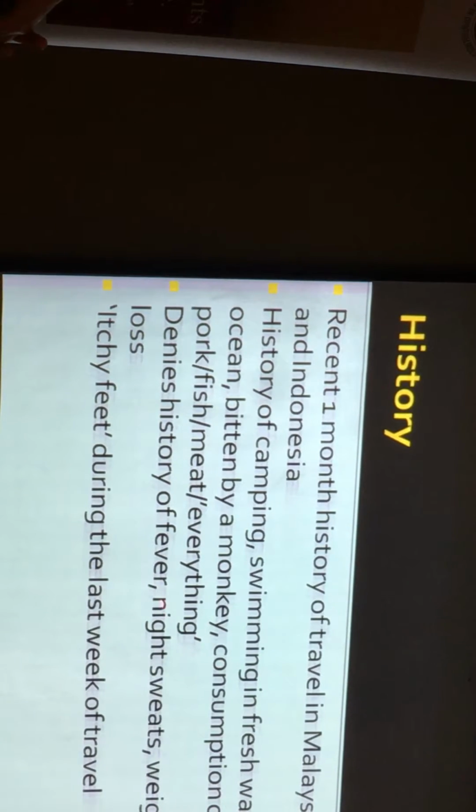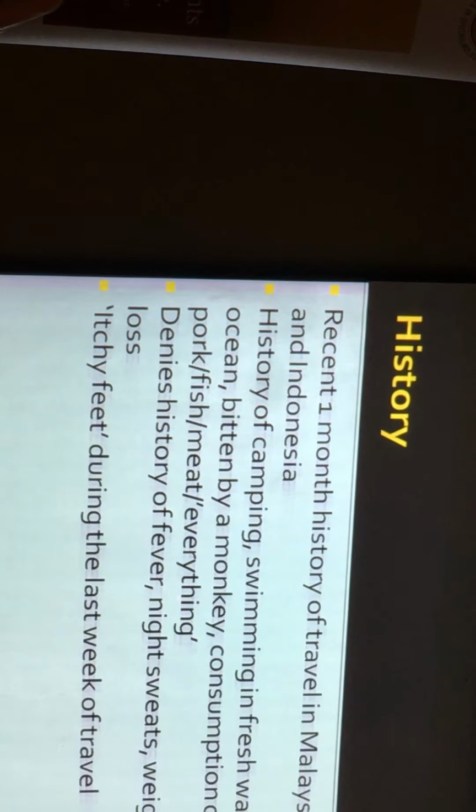Consumption of pork, fish, meat, everything. History of fever, night sweats, weight loss, itchy feet during the last week of travel.